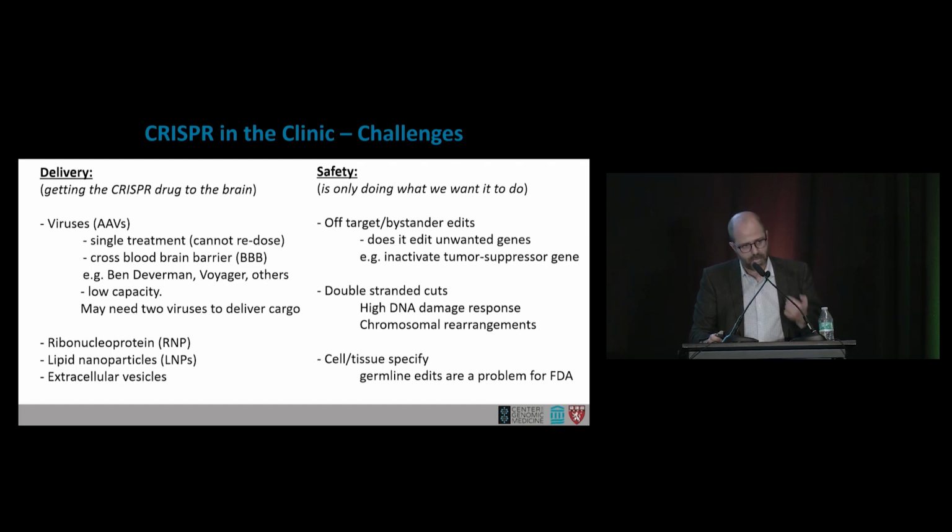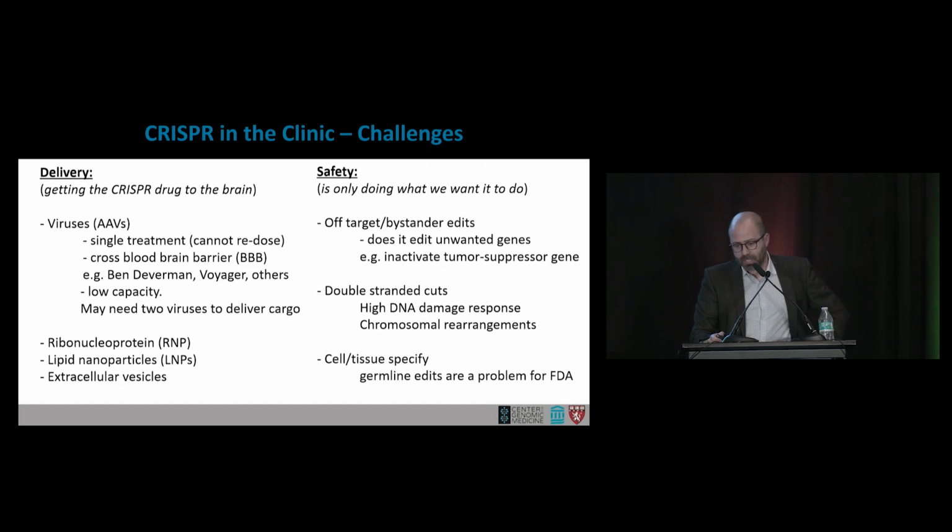And again, these edits will be permanent. If these edits happen, for example, in a tumor suppressor gene, you might cause cancer. So there are a lot of concerns, and you want to monitor very carefully, making sure that your drug is only editing your gene of interest and doesn't have too many off-targets.